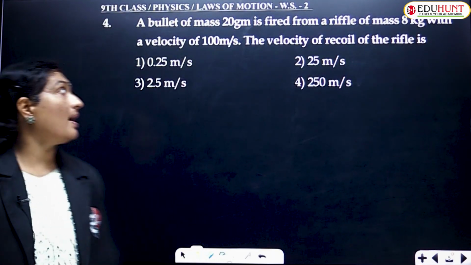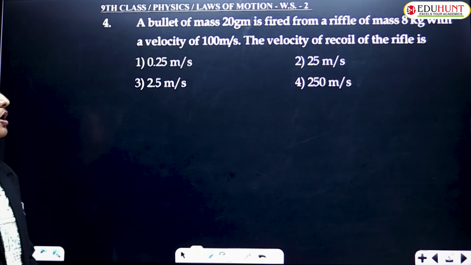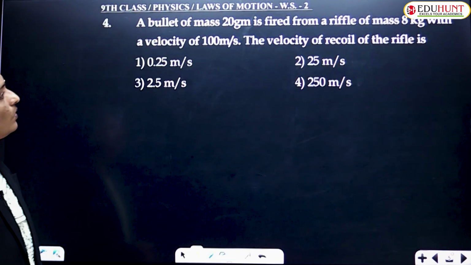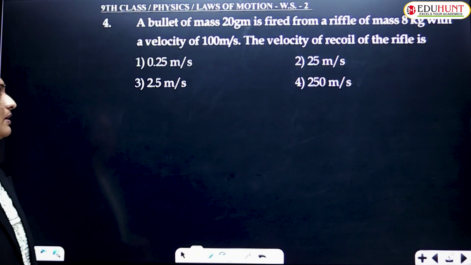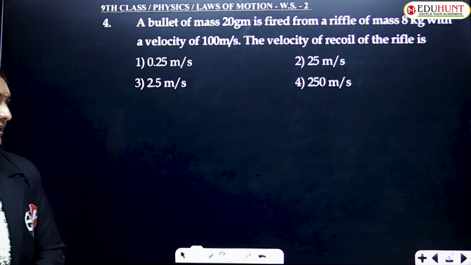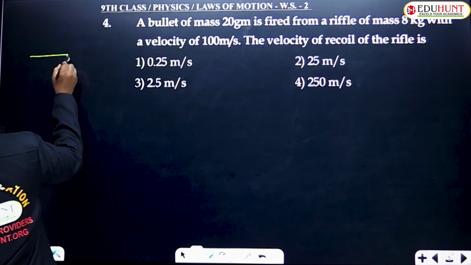Okay, well, the next question, what is given, children? A bullet of mass 20 grams is fired from a rifle of mass 8 kg, whose mass is 8 kg, with a velocity of 100 meter per second. The velocity of the recoil of the rifle is, so look at the question, children.